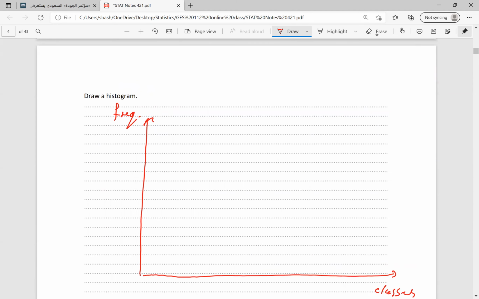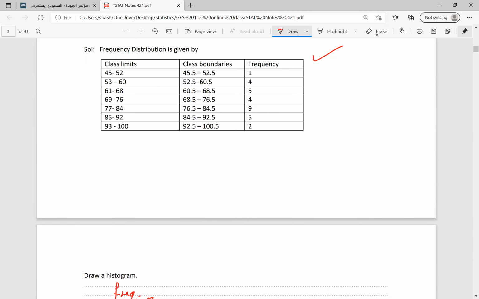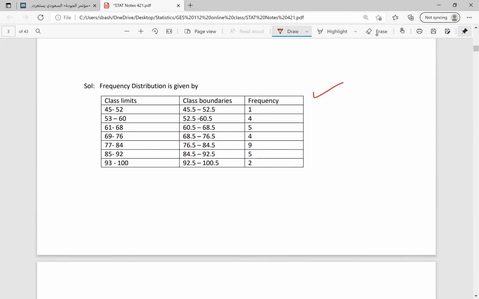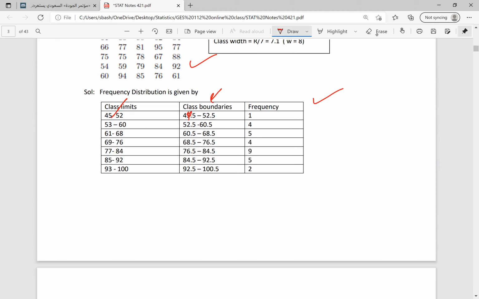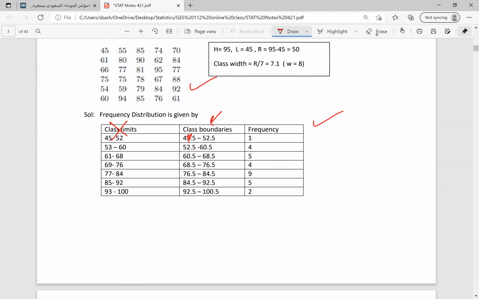The frequency distribution given there started with 44.5. We are going to use the class boundaries, not the class limits, because we need to form a continuous histogram. The class limits leave a gap between 52 and 53, and between 60 and 61. So these are not continuous, and I am not going to use the class limits. We need to use class boundaries.